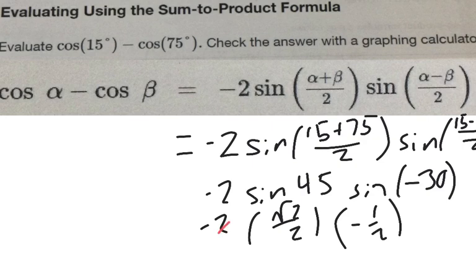So then we multiply this. I can cross reduce. That's a 1. That's a 1. So I've got a negative times a positive times a negative, which is positive. And then I've got radical 2 over 2. I just multiplied.